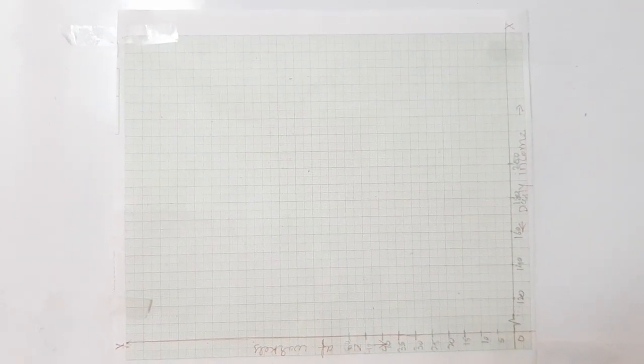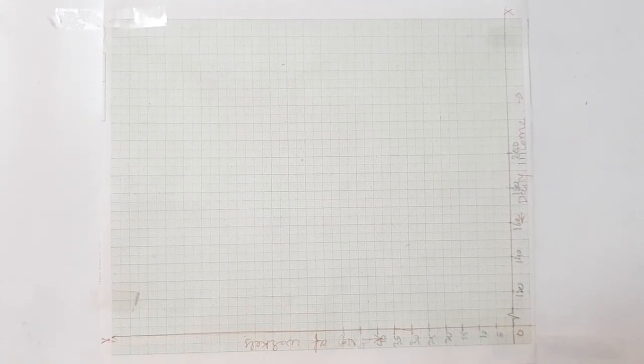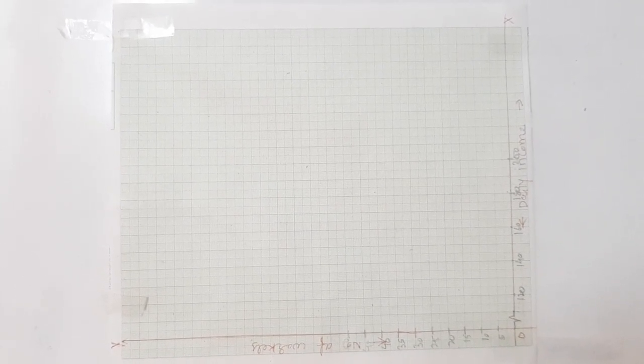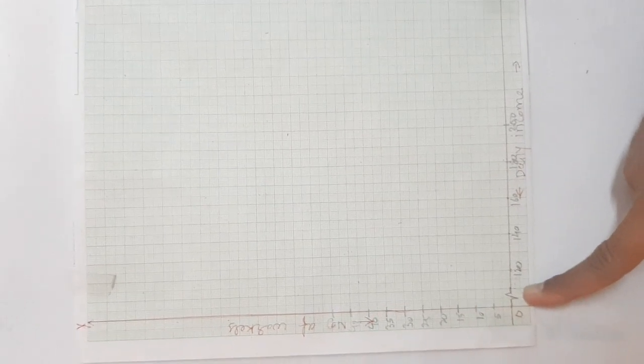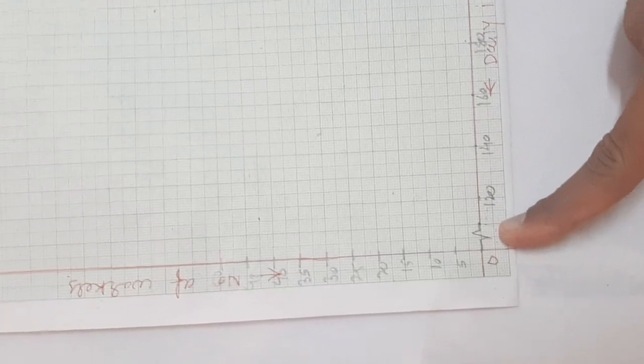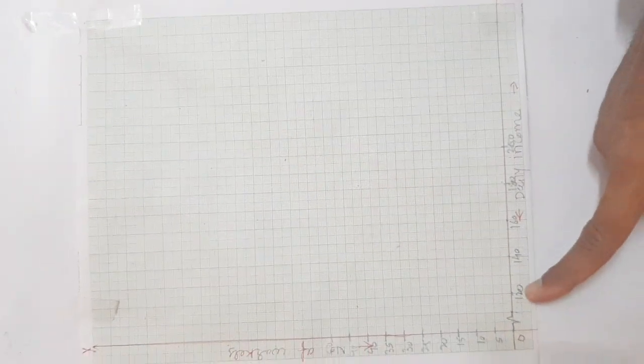But as you have seen in the sum, the class interval does not begin with 0, and when the class interval does not begin with 0, we have to give a kink. You can see a kink here. And then after drawing the kink, I will plot the upper limits on the x-axis.